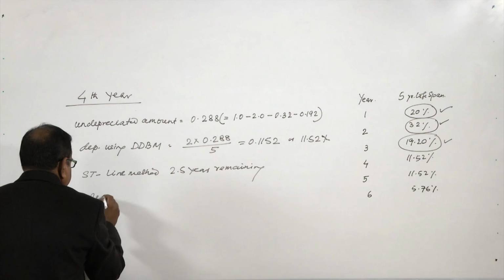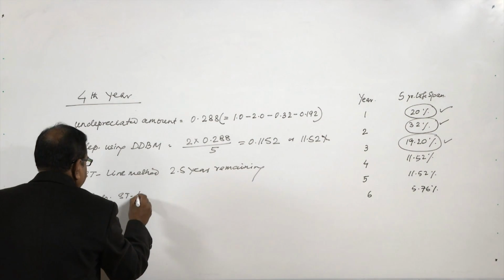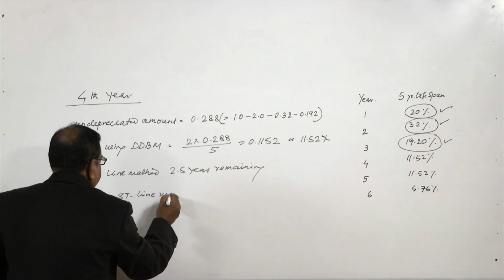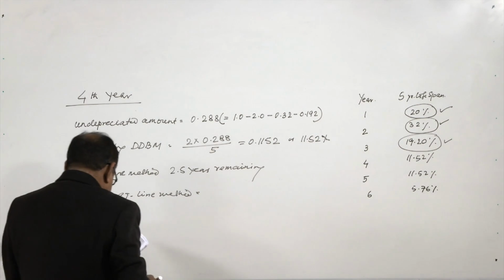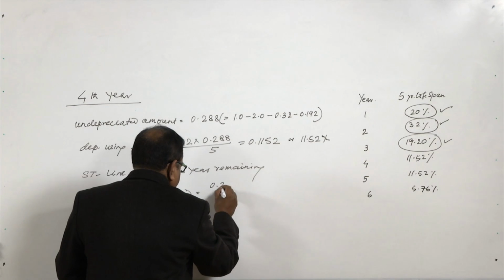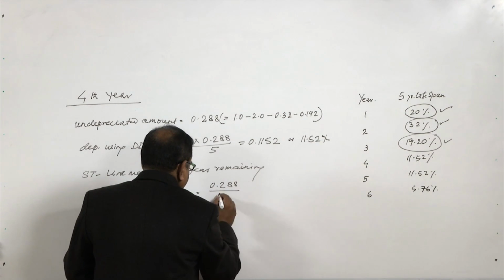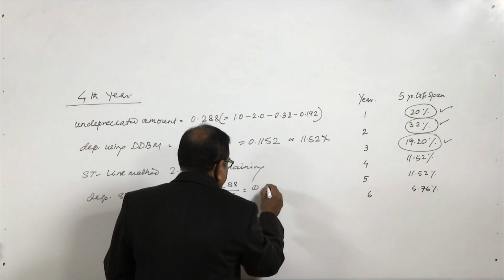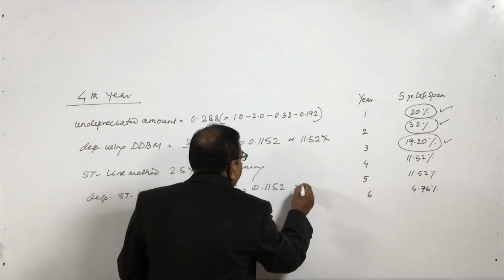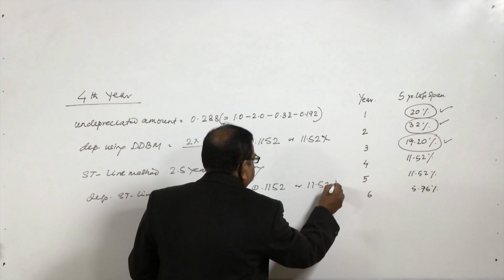So, depreciation using the straight line method is equal to 0.288 divided by 2.5, this comes out to be 0.1152 or 11.52%.